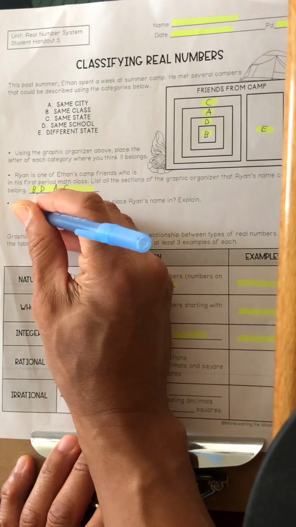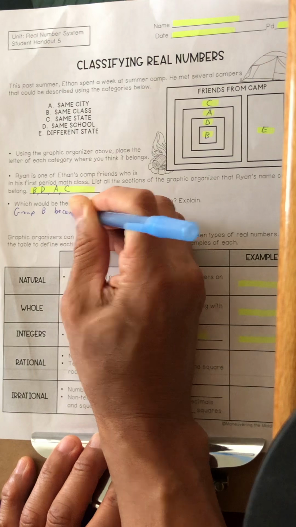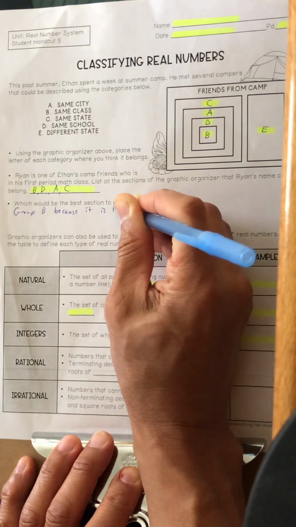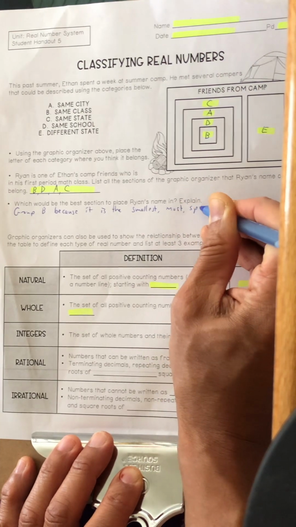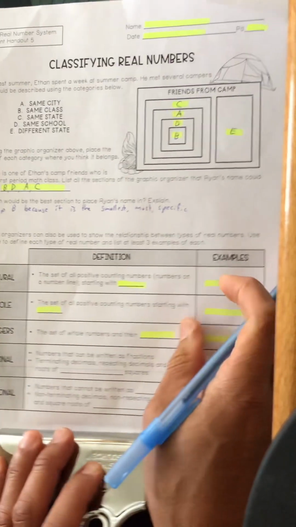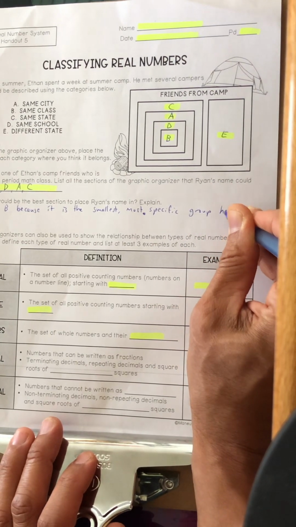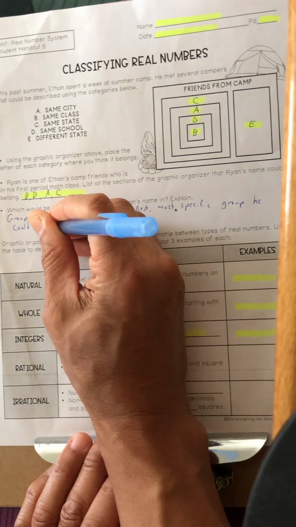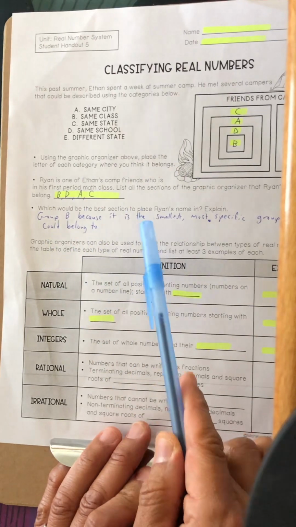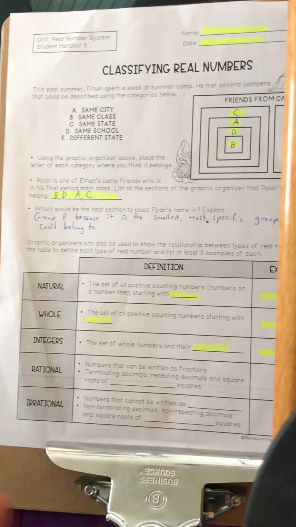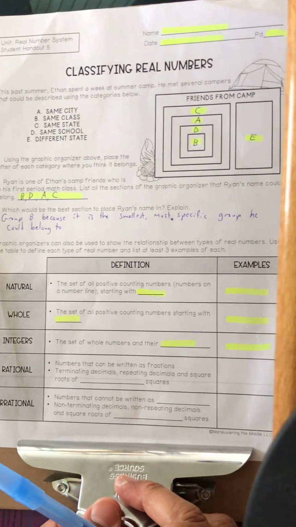The most specific is group B, because it is the smallest, most specific, not general, but most specific group he could belong to. And we know that if we put Ryan in group B, he has to belong to group D, A, and C. If he's in the same class, he has to be in those other 3 categories also. Same school, same city, same state.